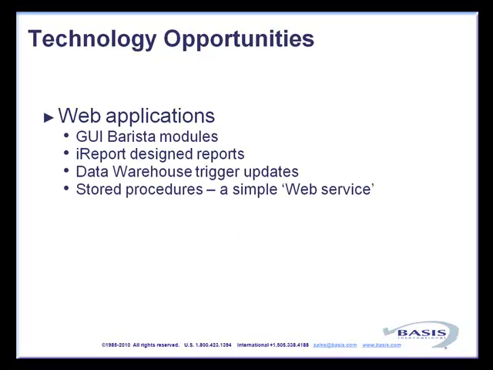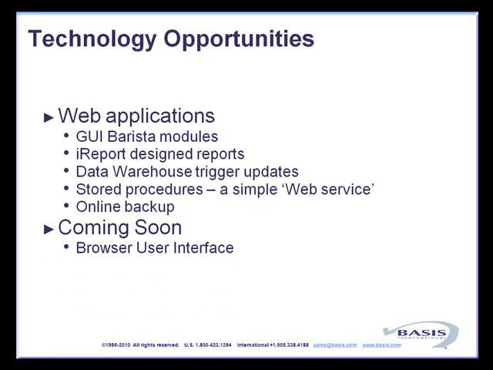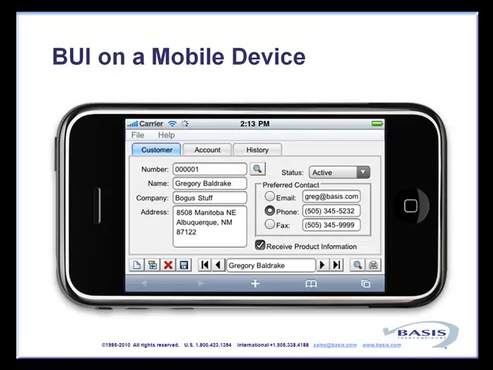We can look at stored procedures to deliver a simple web service. We can take advantage of the online backup capability of BBJ. And coming soon will be the browser user interface, the ability to deploy any of our BBJ GUI applications on a desktop browser or on a mobile device like an Apple iPhone.